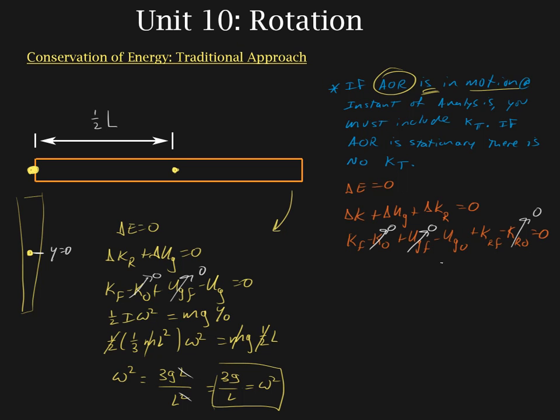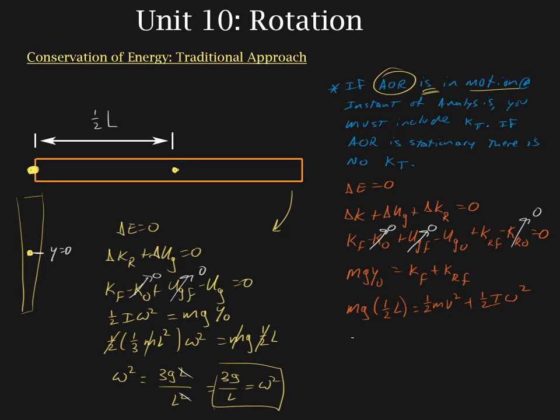And getting this into the more standard simplified form, we have mg y initial is equal to K final minus K rotational final. Okay, so now we can start making some of our substitutions. We have mg times, now we know that the energy comes from how far the center of mass is displaced, so we're going to say that's 1/2 L, is equal to 1/2 mv squared minus 1/2 I omega squared.